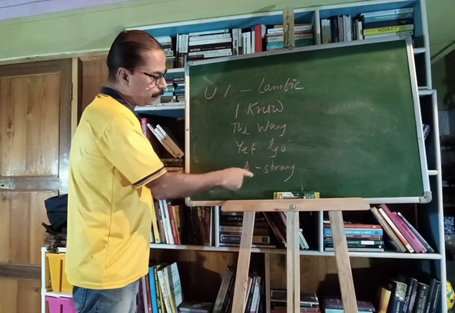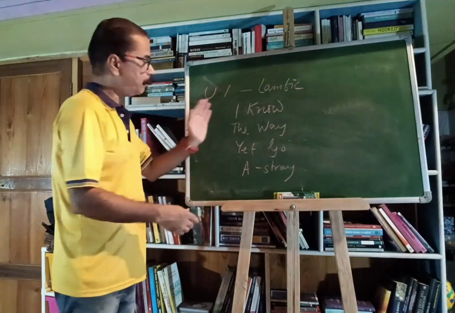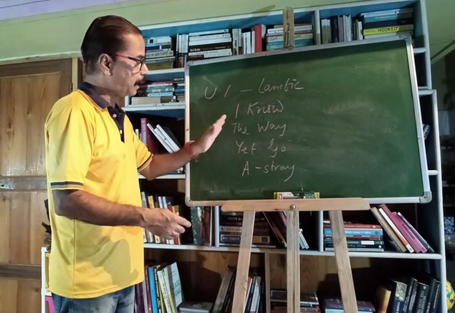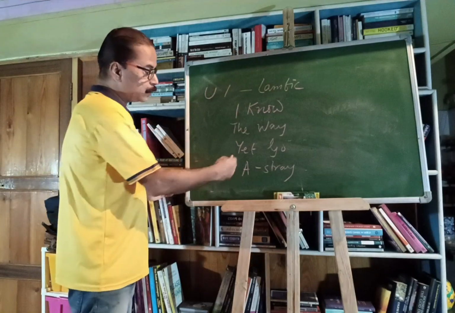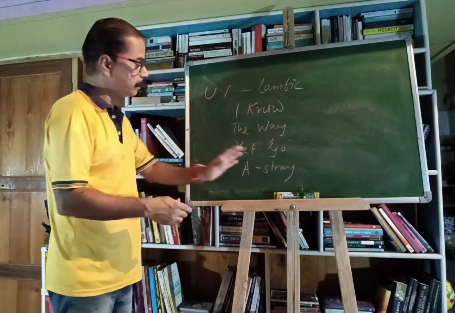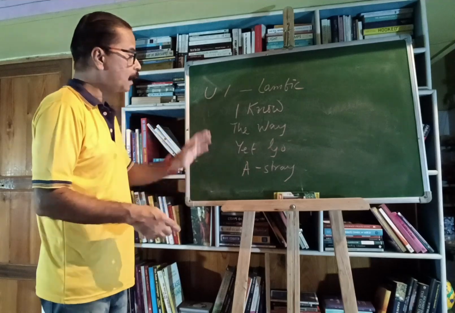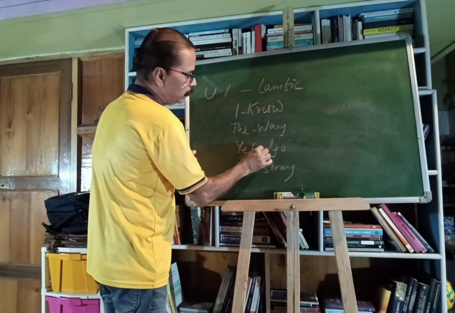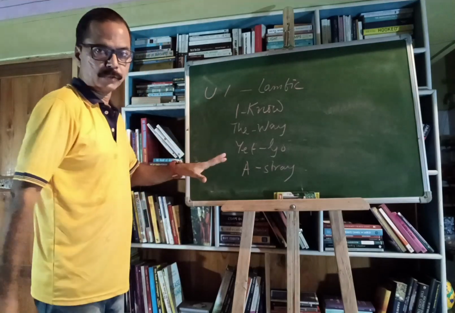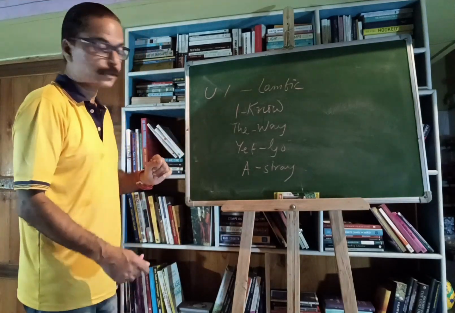Now astray, I have already broken it up into 2 syllables. Other words are all monosyllabic words: I know the way, yet go. Astray is the word which has 2 syllables, so I have already broken it into the 2 syllables. So now let us first of all break all the lines into their syllables and then see the accentual pattern.